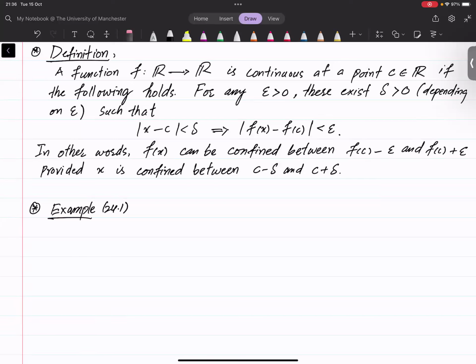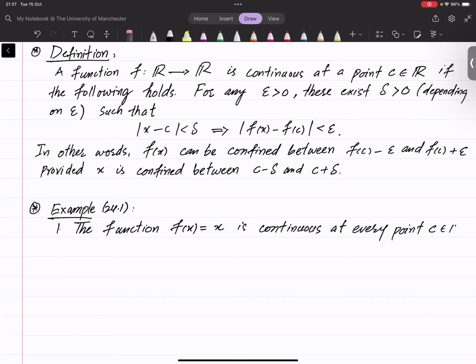(24.1). Number one example: the function f of x equals x is continuous at every real number, every point in the real numbers. To see this, let epsilon be greater than 0.